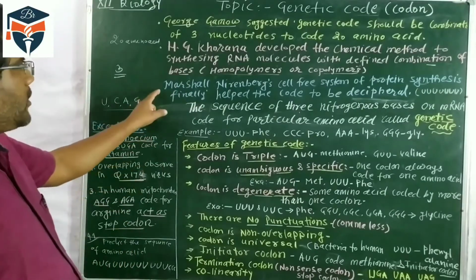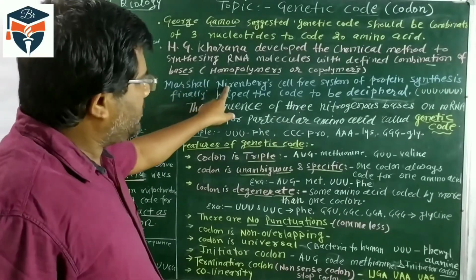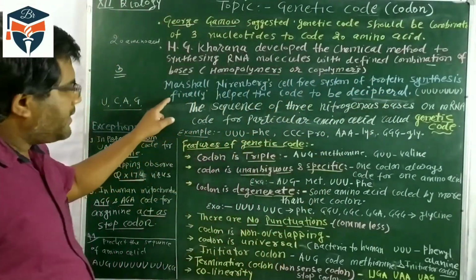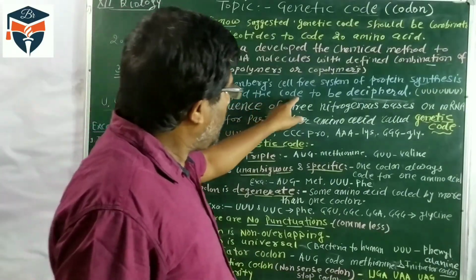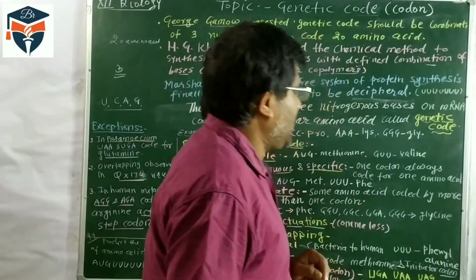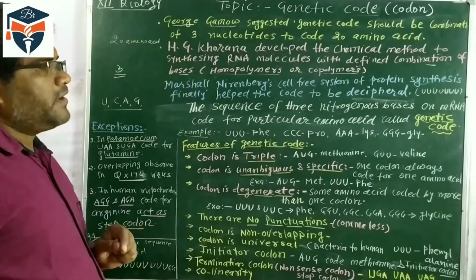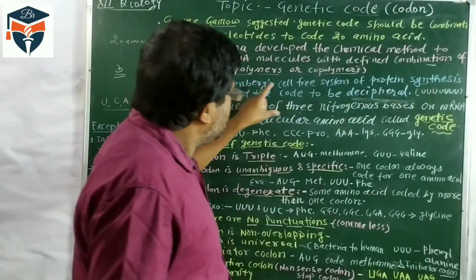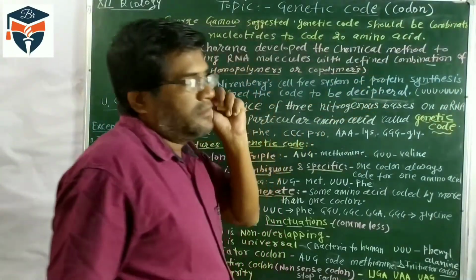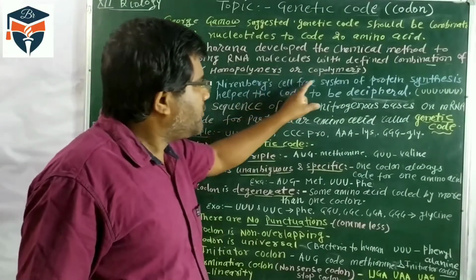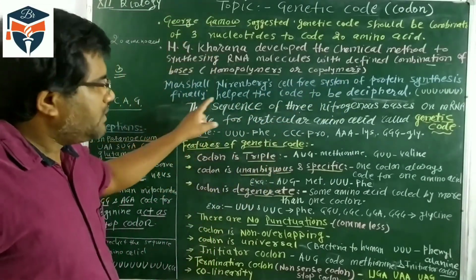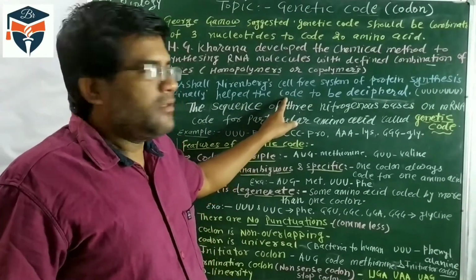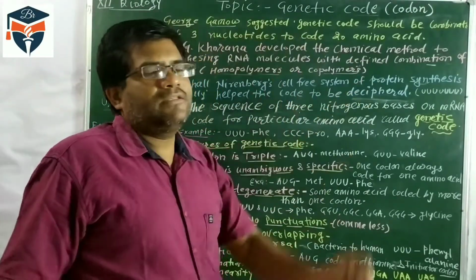And third, Marshall Nirenberg. Marshall and Nirenberg's cell-free system of protein synthesis finally helped the code to be deciphered. They said that in the cell-free system of protein synthesis, some codons are synthesized into protein.